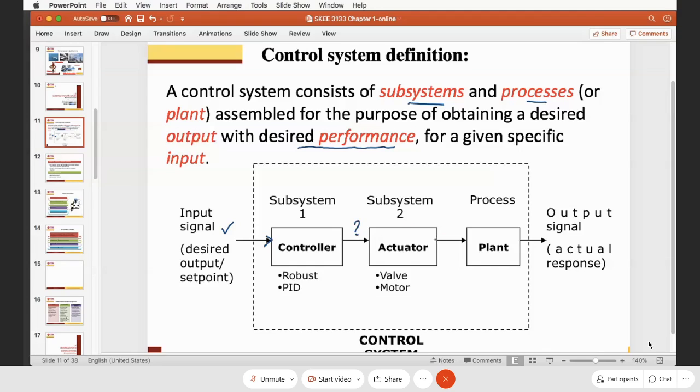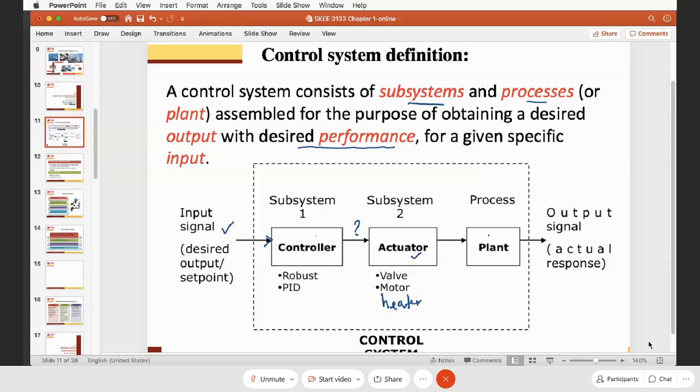We call actuator something that heats up your water, something that opens the valve so water flows in, maybe a motor. So that is the actuators. So we can combine, maybe your subsystem 1 can be controller, your subsystem 2 can be actuators, maybe valve, maybe motor, maybe heater.